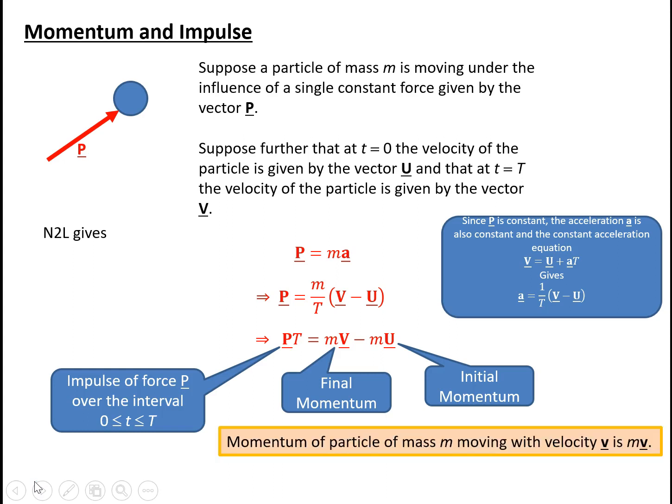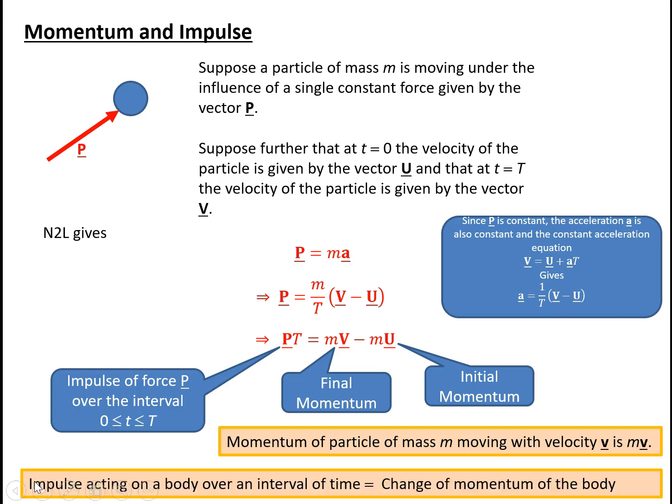So the momentum of a particle of mass m moving with velocity v is m times v, and the impulse acting on a body over an interval of time gives us final momentum minus initial momentum. In other words, it gives us the change of momentum of the body.